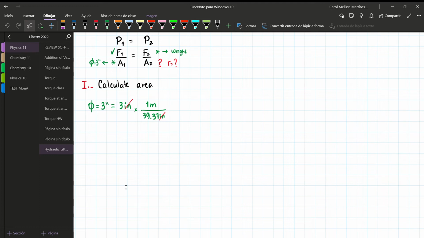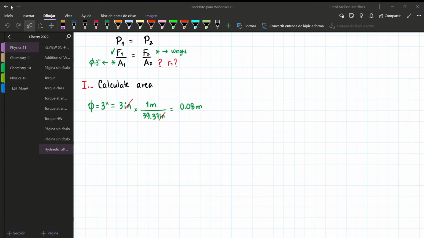How much did you get? Two decimal places, please, and you can participate in the chat. It's 0.08 meters rounded.